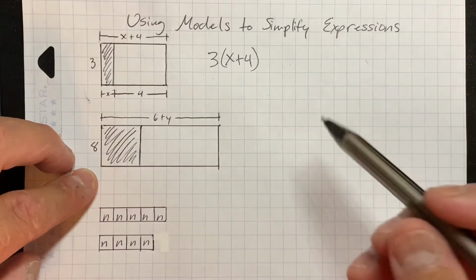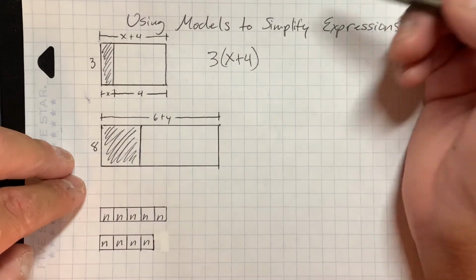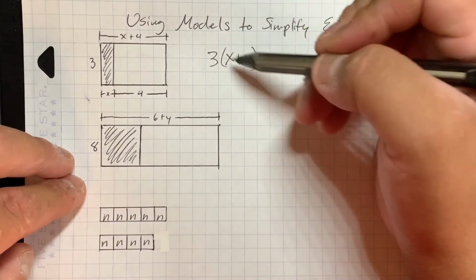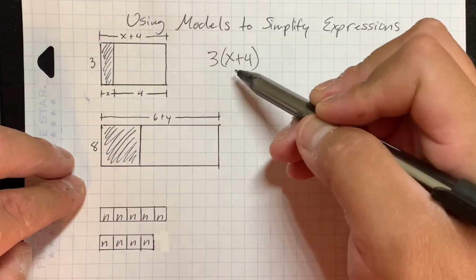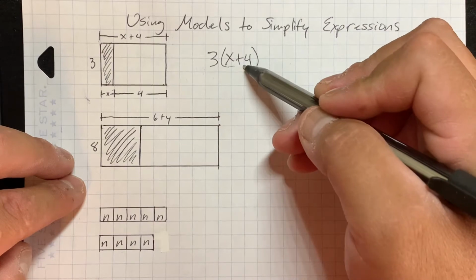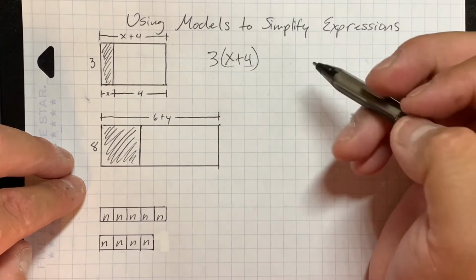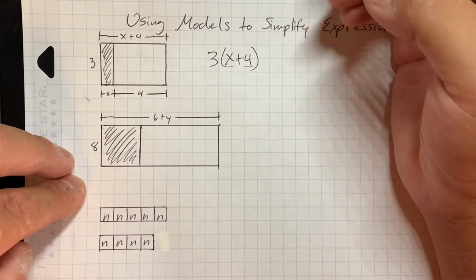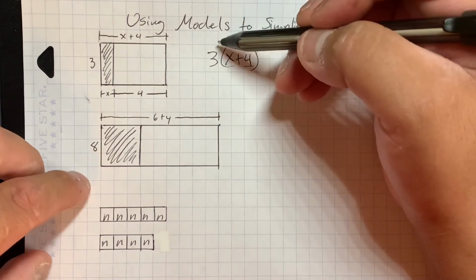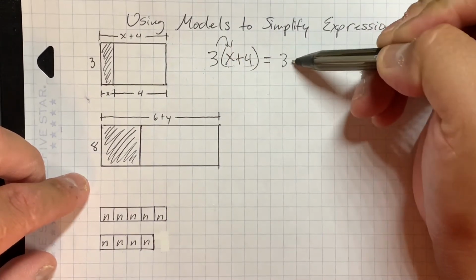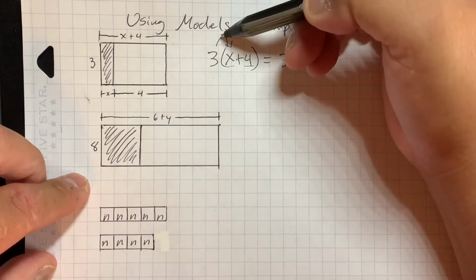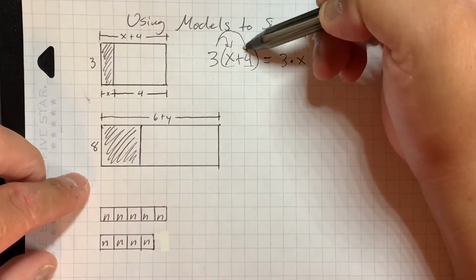And then how we simplify this, you're going to use the distributive property. So you have two terms inside the parentheses. You have x and 4 separated by the addition symbol. Now we're going to use the distributive property of multiplication by multiplying 3 times x, and then multiplying 3 times 4.